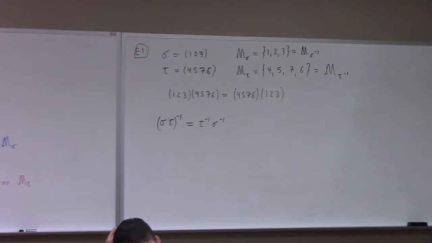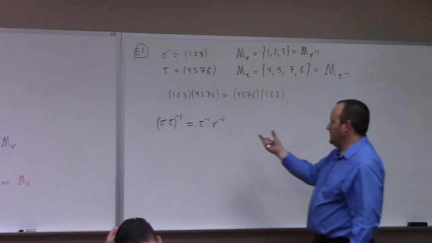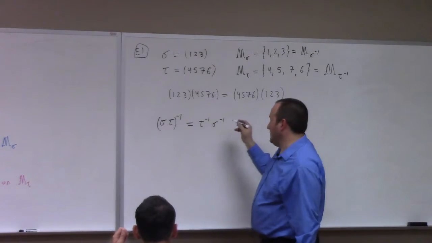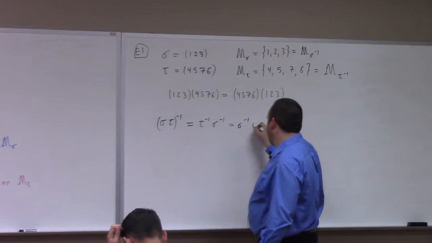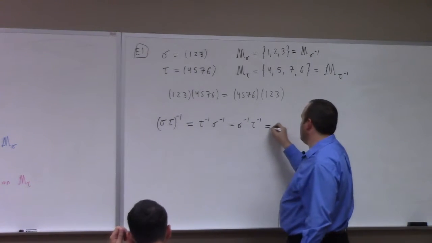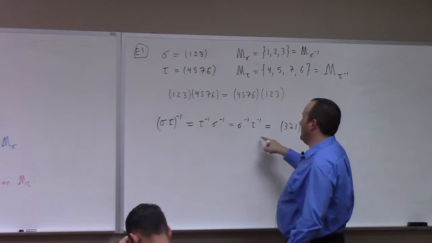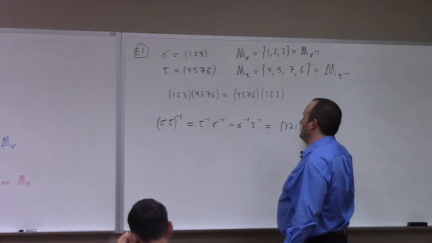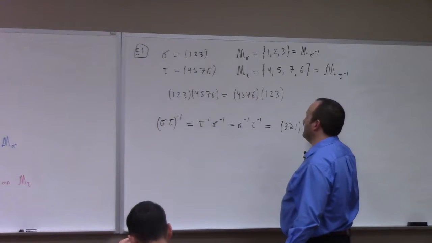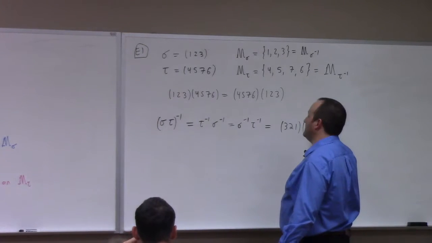So these are also disjoint, and so they commute, right? And what are those actually? Sigma inverse is 3, 2, 1, and tau inverse is 6, 7, 5, 4, right?